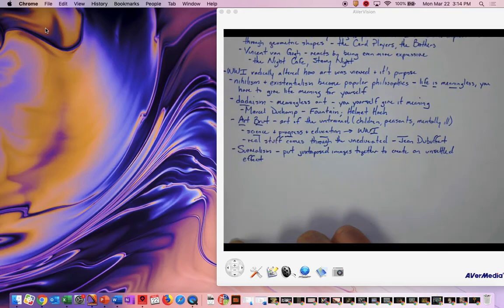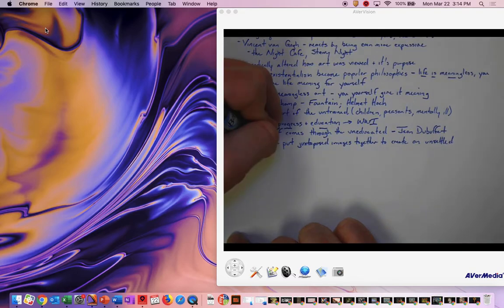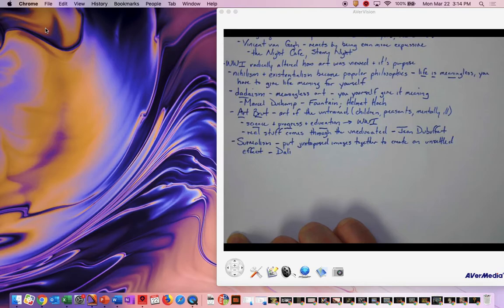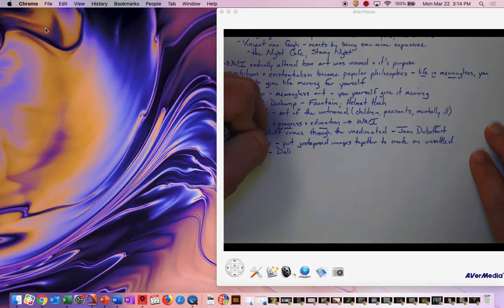Thank you. So to put juxtaposed images together to create kind of an unsettled effect. And maybe the most famous of these guys is Salvador Dali. So Surrealists were explicitly political.